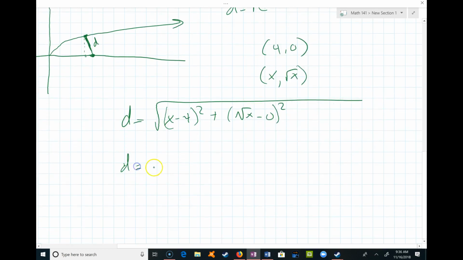So maybe we'll simplify this a little bit. How about x squared minus 8x plus 16 plus x.